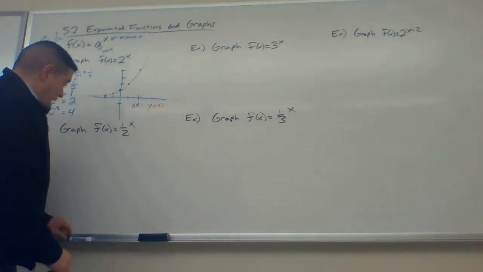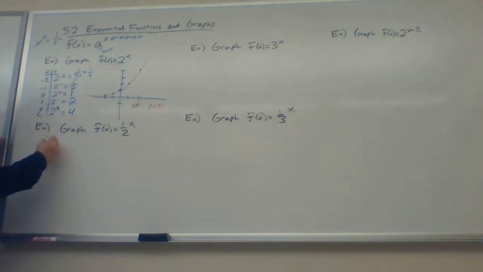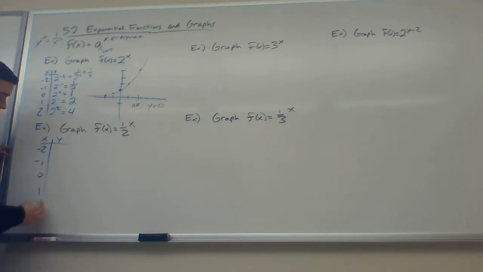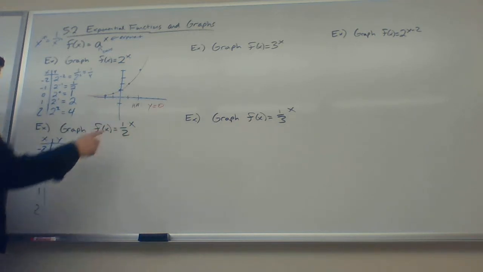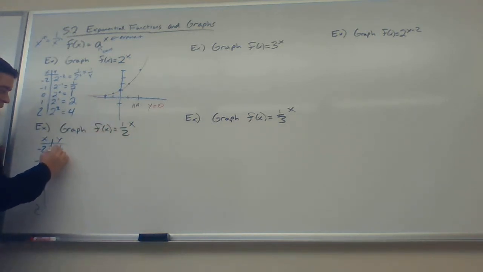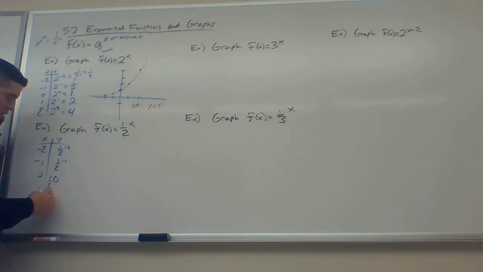Well, what about one-half to the x? Let's try that. We're going to do the same thing with the same points, and plug them into this equation: 1/2 to the negative 2, 1/2 to the negative 1, 1/2 to the 0 power, 1/2 to the 1 power, 1/2 squared.